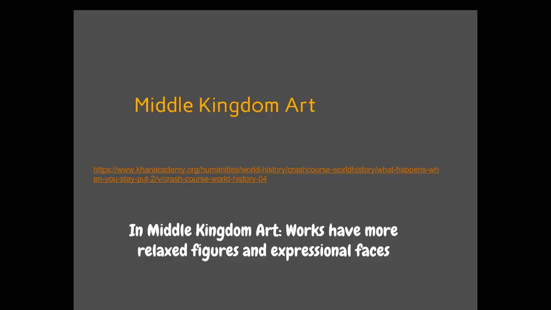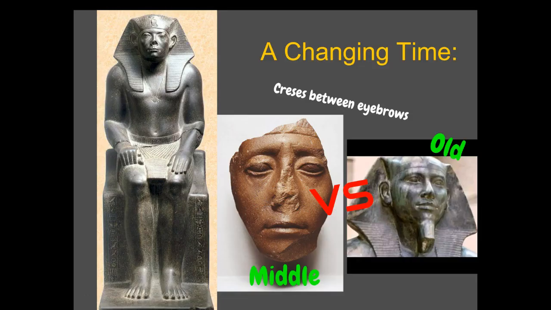So what we're seeing in the Middle Kingdom, again, it doesn't shift a whole lot, but we've got works with more relaxed figures and expressional faces. So we're looking at changing times. Egyptians challenged the power of the weak kings of the 6th dynasty, ending with Pepi II. So Egyptians are challenging that. For a century, Egypt was in very much unrest.